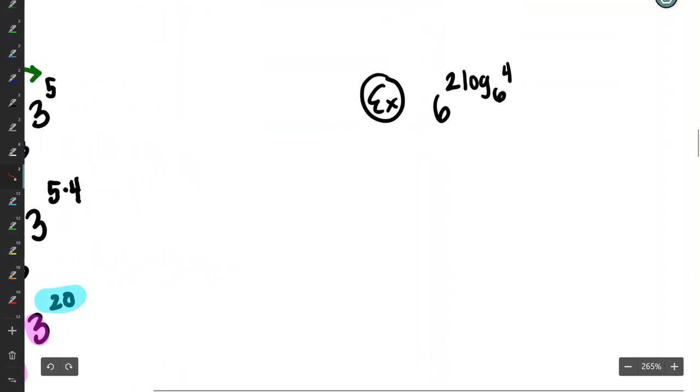And you have one similar to this in your homework. 6 to the 2 times log base 6 of 4, right? So the base of my exponent here is 6, and then the whole exponent is all this. All right? The problem right now is that log base 6 of 4 isn't something I can simplify, because 4 isn't a perfect power of 6.